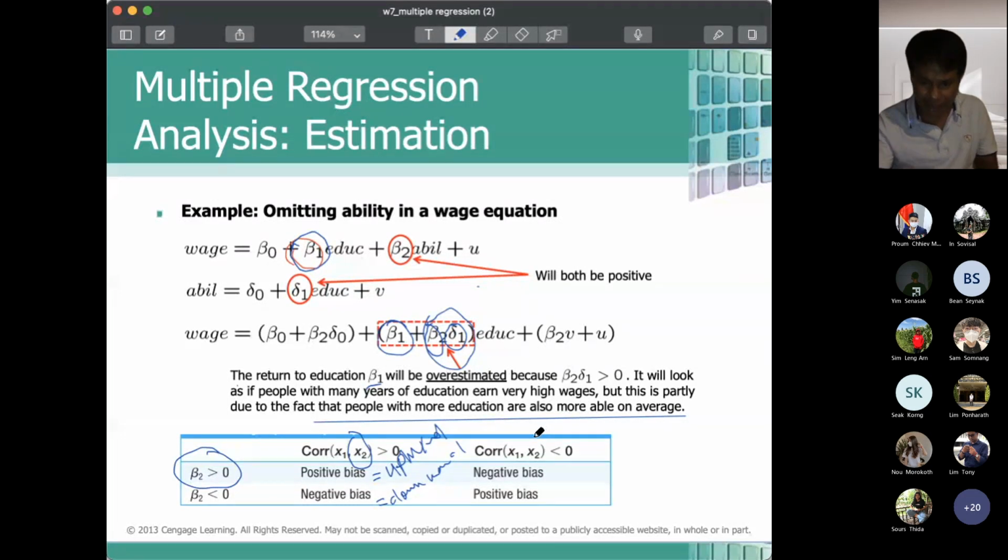The same story: if the correlation between x2 and x1 is negative and x2 positively affects the dependent variable, we get negative bias.